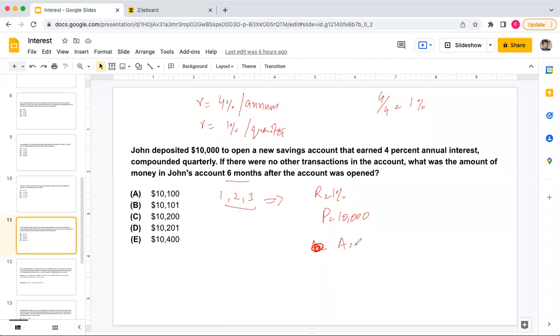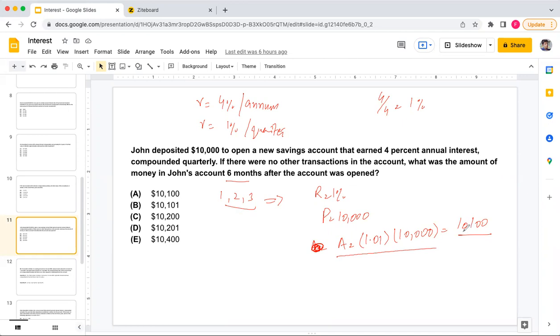The final value will be 1.01, 1% addition into 10,000. What is that value? That is 10100. I'm just finding the total value based on 1% interest, right?